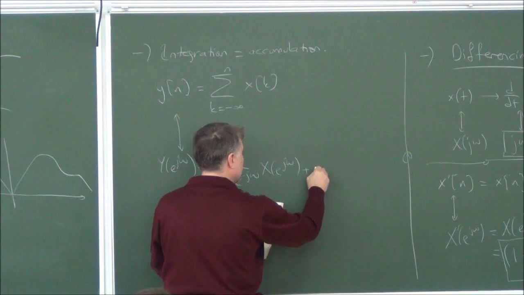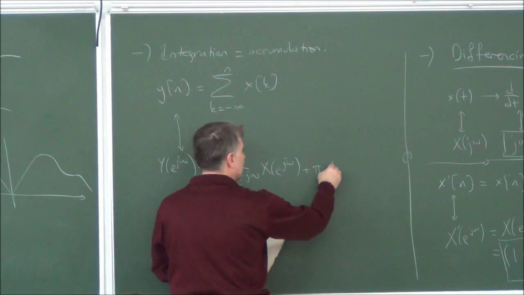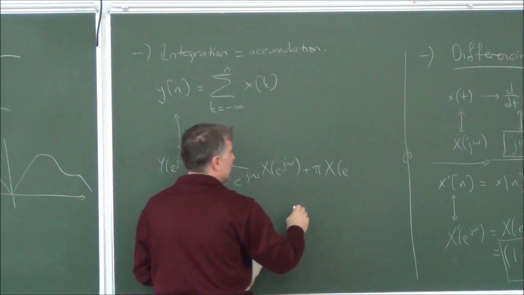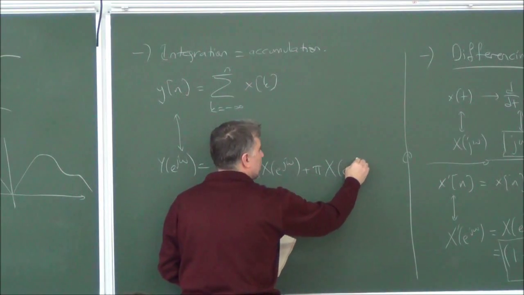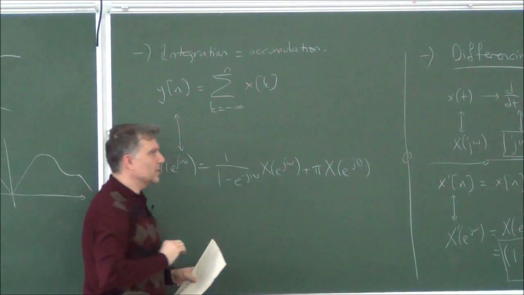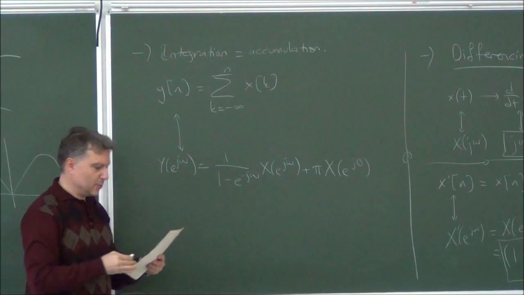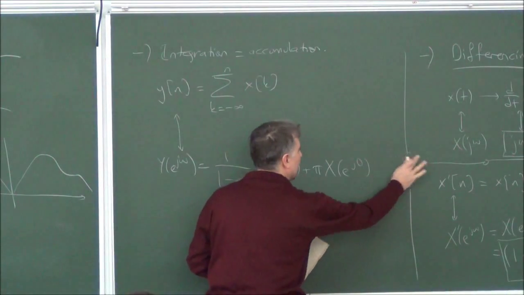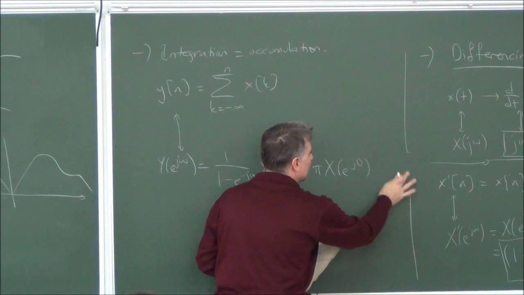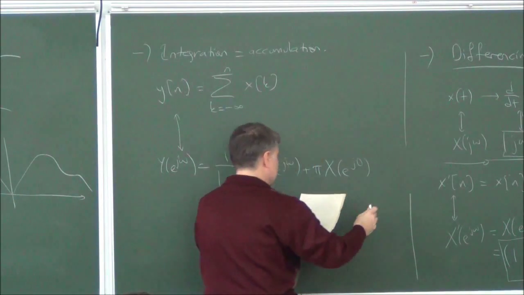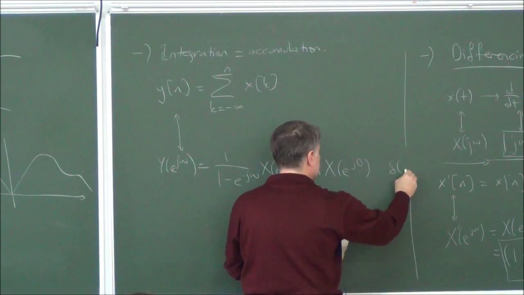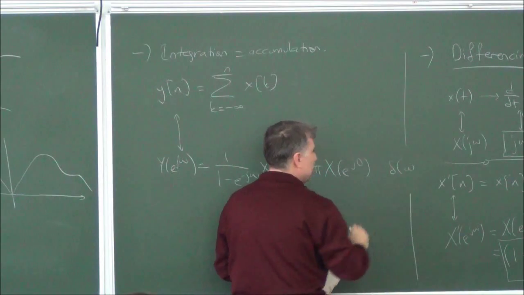plus pi times x at DC, e to the j0, omega is equal to 0, and I will put, first let me put the impulse, delta omega.